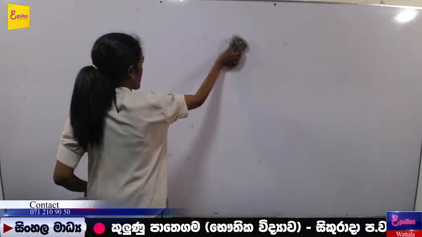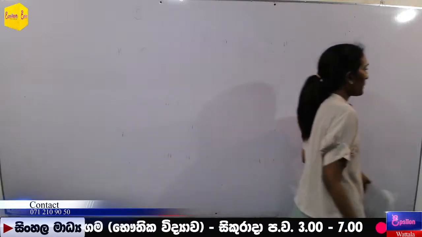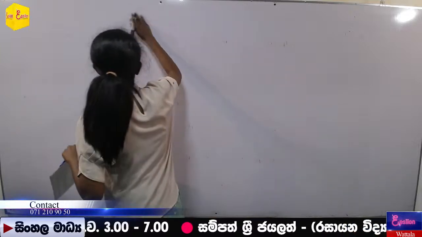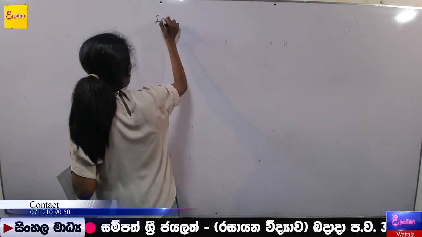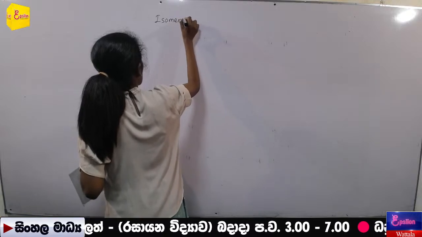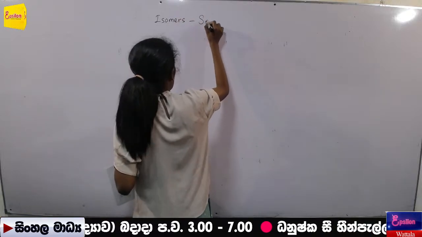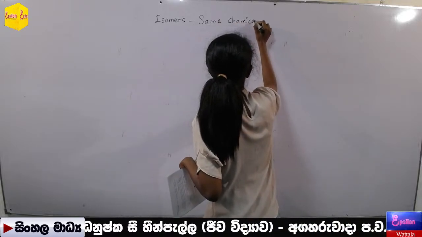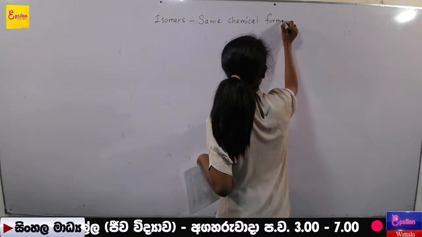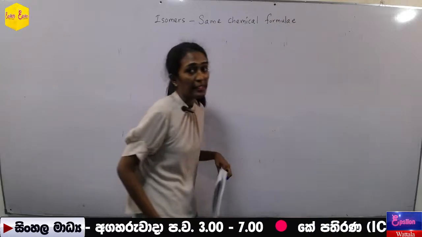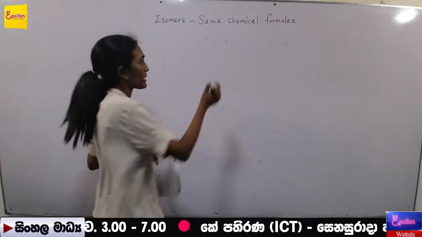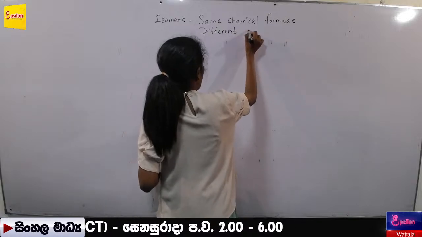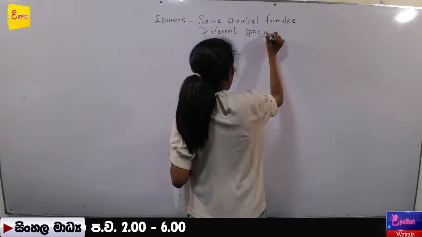Little by little, I'm teaching you a little bit of chemistry also. That day I talked about isomers. You may remember, right? Isomers have the same chemical formula but different structural arrangement, different spatial arrangement also we can say.